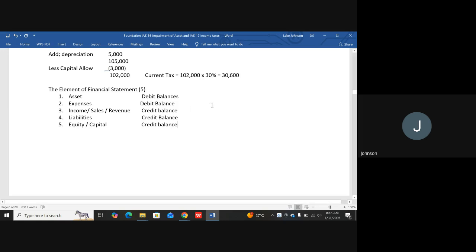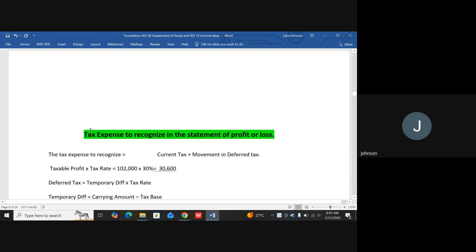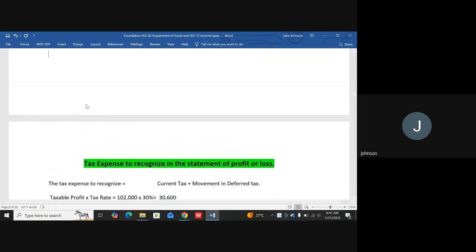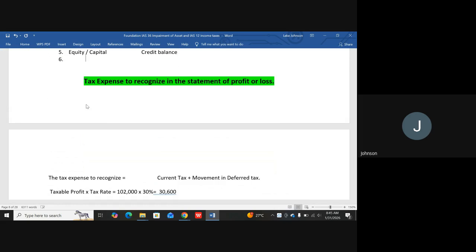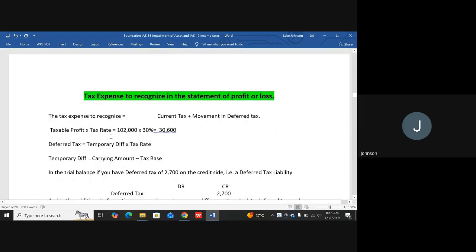So now we already know that these are the elements of accounts, which we also use when we are creating our chart of accounts. But we're not in an accounting training class, so I may not delve into that. I just wanted you to have this knowledge first before we start looking at our movement in deferred taxes, because you really needed to know how we are getting all this.